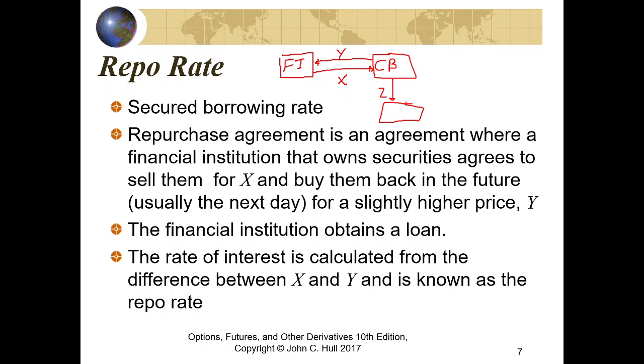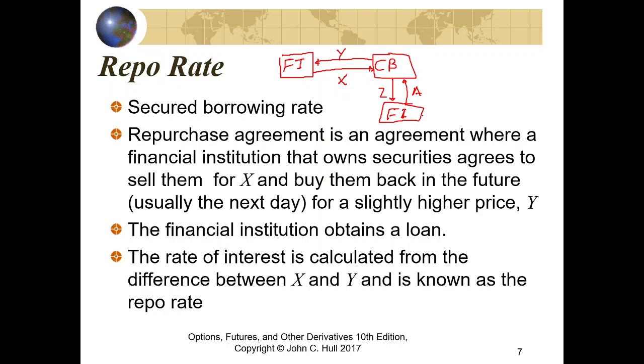Yes, it will sell it back to the central bank at a higher price, let's say A. In this case, this is called a reverse repo rate. In the repo rate, the financial institution will borrow funds by giving a security or selling a security to the central bank and buying the security back at a higher price.